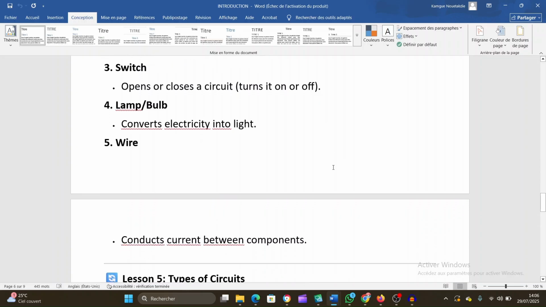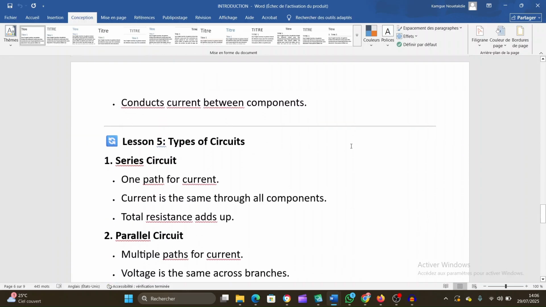When we talk of electrical circuits, we talk about two types of circuit. The first type is what we call a series circuit. This series circuit has one path for current. So if you have, for example, 10 bulbs, the current is the same in all these 10 bulbs.